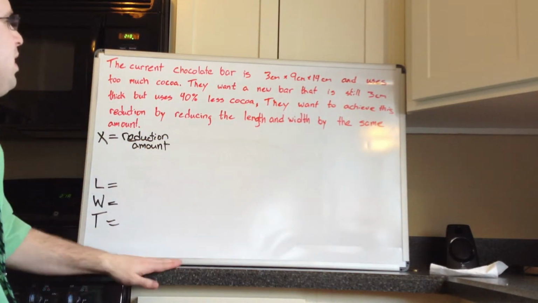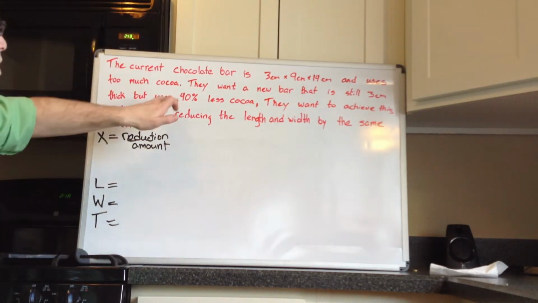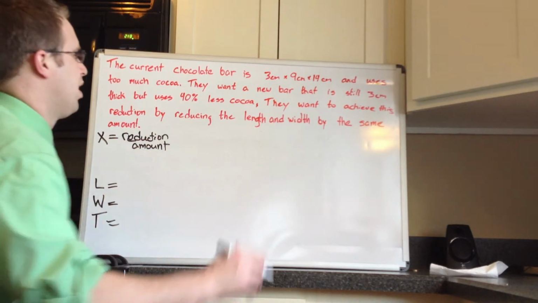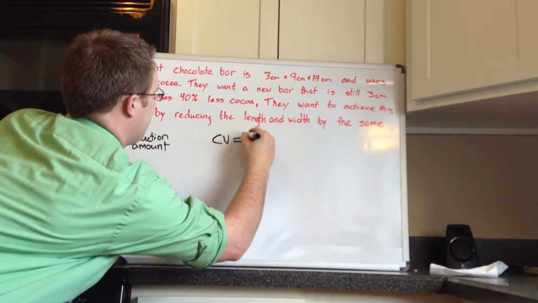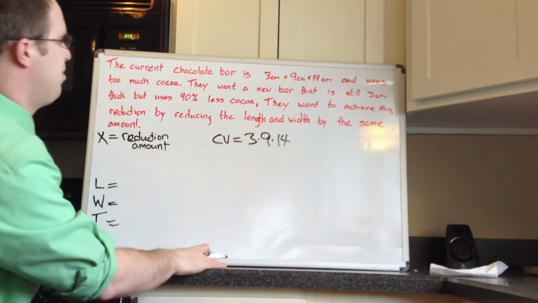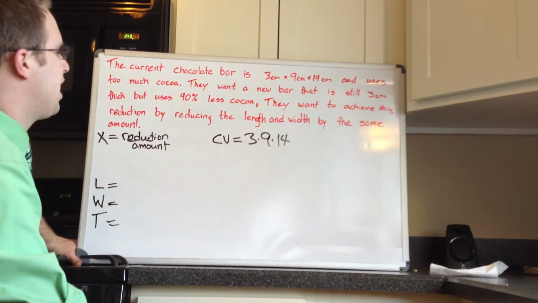Okay, so the first thing we need to calculate is the volume of the current chocolate bar so that we can knock 40% off of it and get the volume of the new chocolate bar. So the current volume, CV, is going to be 3 times 9 times 14. I'm not going to do that math, but whatever it is, we want to knock 40% off of that.